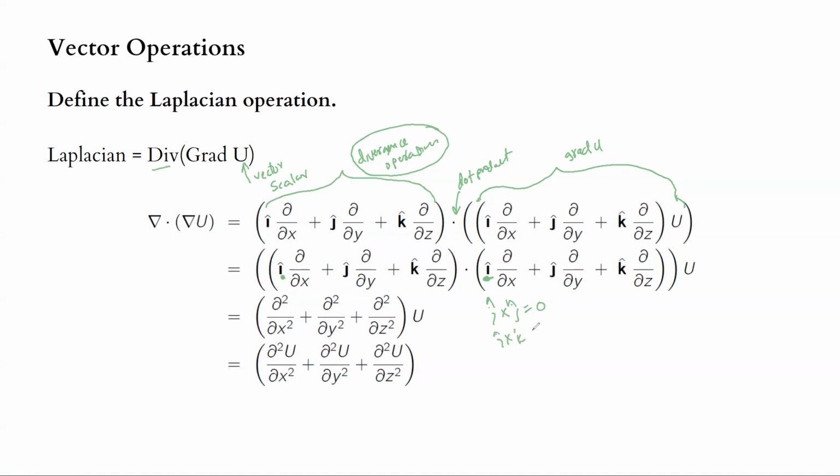Other products between perpendicular components will result in zero. i hat dot j hat and i hat dot k hat will result in zero. k hat dot i hat will be zero. So we only consider situations where we have i hat dot i hat, and we only compute those expression values because j hat dot i hat will be zero. Likewise, other components which are perpendicular to each other will be zero when we take the dot product.